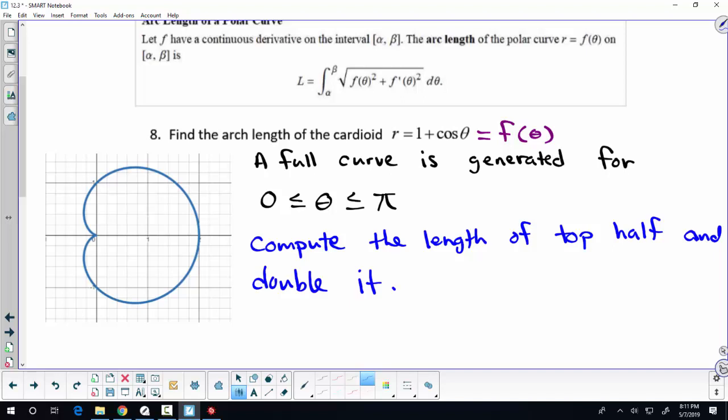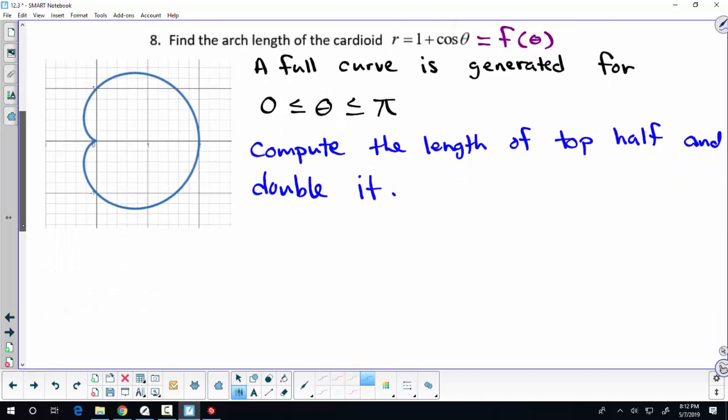It's just that the curve is generated by f of theta from a to b. So we were given that the curve is generated from 0 to pi. We say the whole curve is generated from 0 to pi. So it's really straightforward. That's our bounds.